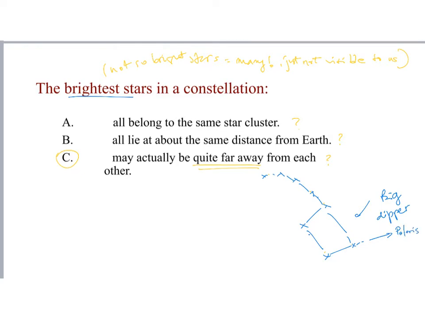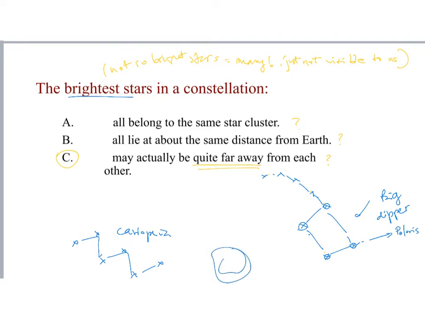It turns out that these stars could be so far away from one another, actually much further away from one another than, say, a totally different constellation like Cassiopeia, which has stars in a W shape, which is on kind of the opposite side of the Earth.